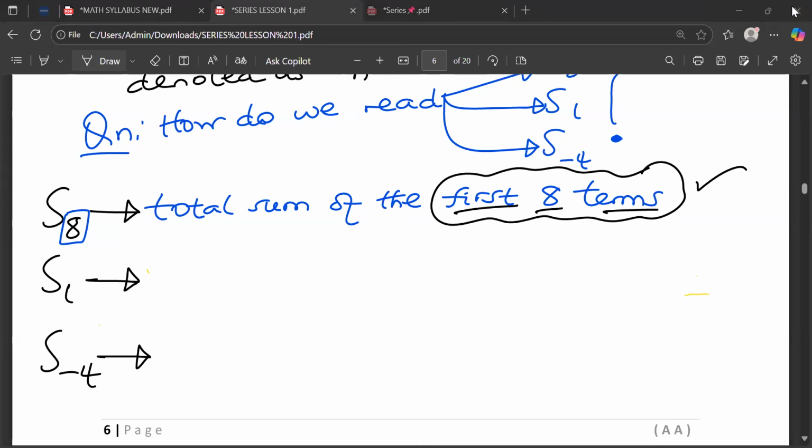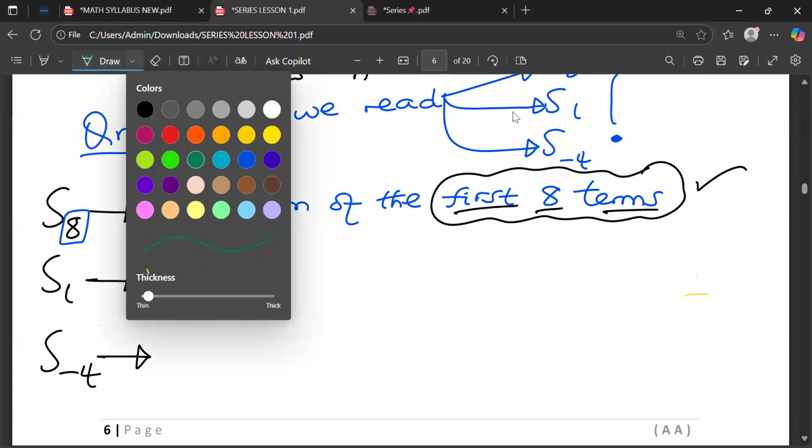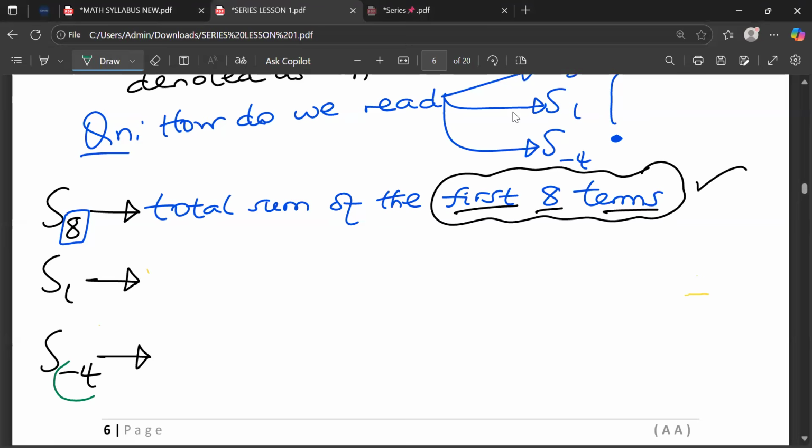People are not easy. Yes, Zacharias, what do you want to say? People, terms cannot be negative. That one has no name. Some of the negative 4 terms.